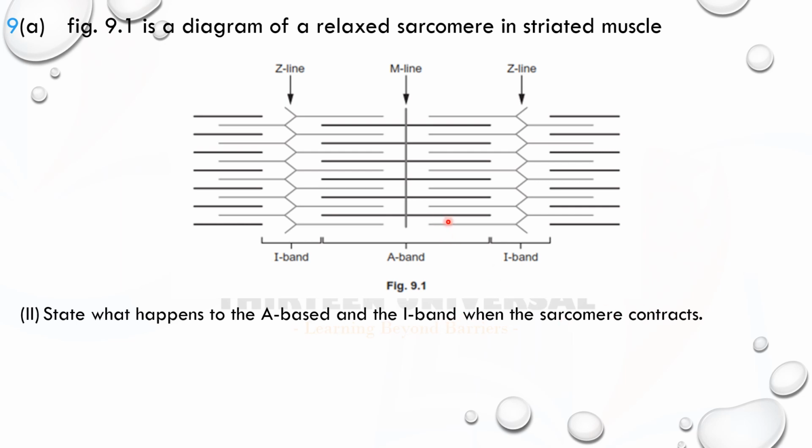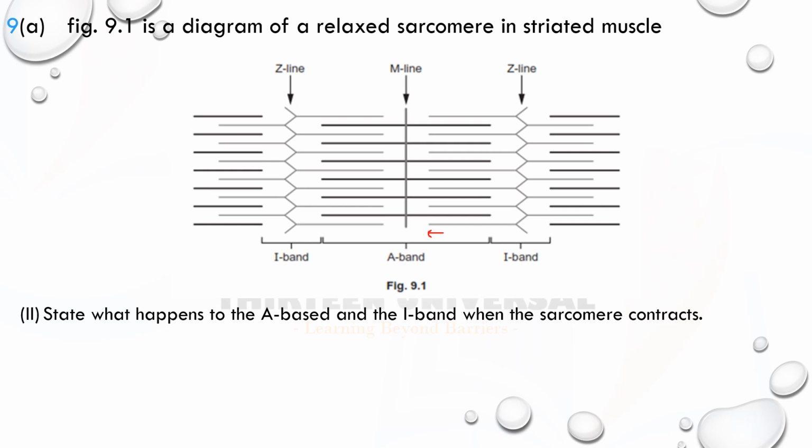You see, when sarcomere shortens, this thin filament will move this way and this will move this way because the myosin is pulling it. It pulls actin. Actin is being pulled in this direction here, and also in this direction here.